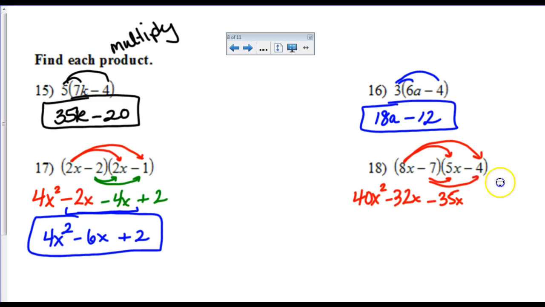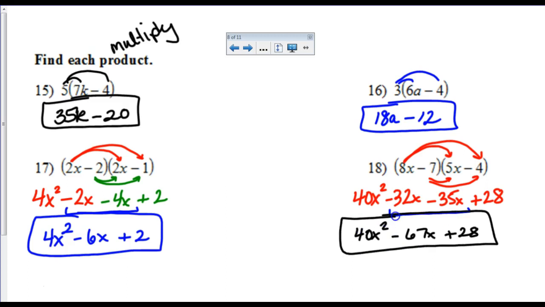Negative 7 times negative 4 is a plus 28. Again, not an okay answer for us because you do have some like terms right here we need to combine. So a great final answer would be 40x squared, negative 67x and a plus 28. Again, remember, I'm going to let you use a calculator, so do not panic.